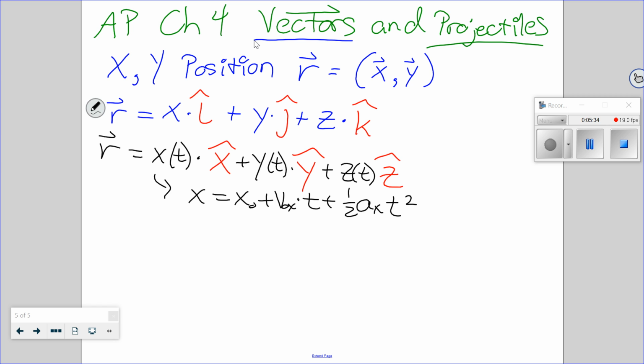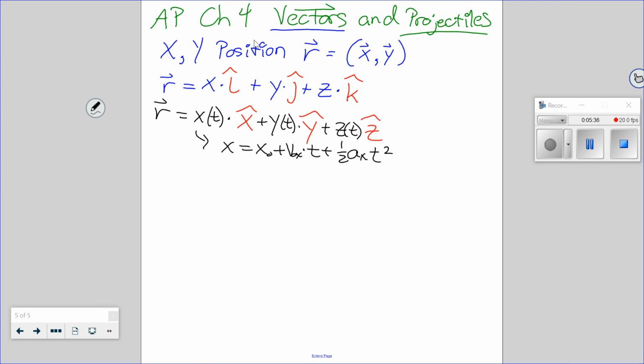Okay? So embedded in each little one is a possible function. Don't worry. Usually only one has acceleration, so only one needs to be a function of time.